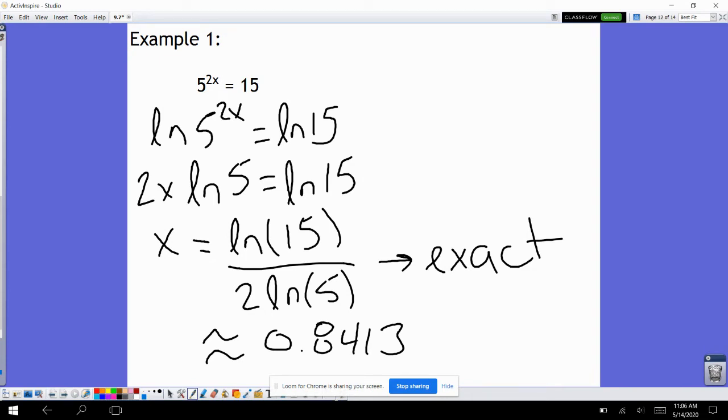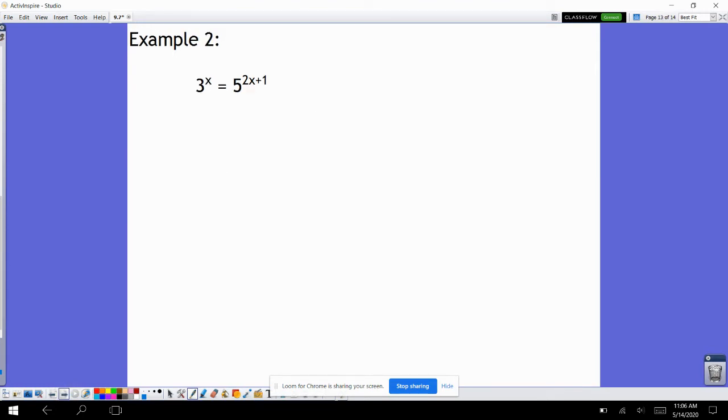So that's our first example. One exponent, we can deal with that. Well, now what if we have x's in both our exponents? Again, we have an equation whose exponentials have different bases. So the first thing we want to do is apply our property of equality of logarithms.